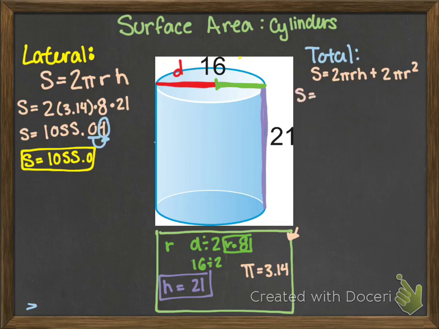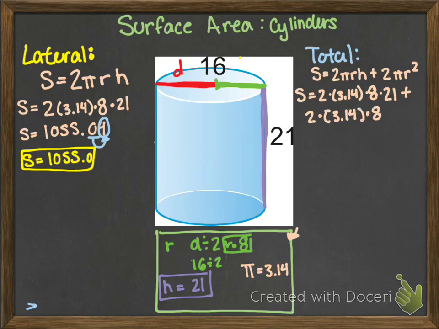So S equals 2 times 3.14 times our radius is 8 times the height, which is 21, plus 2 times pi, which is 3.14, times the radius, which is 8.